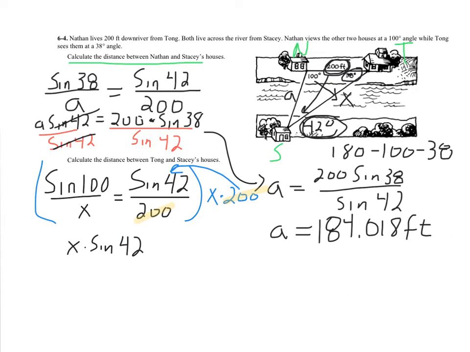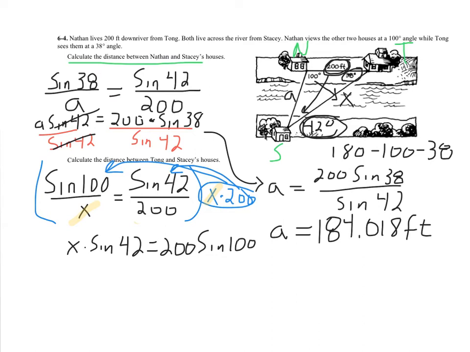And if I do that to the right side, and I erased a few things, so now if I multiply x times 200 to the left side, here my x's will cancel, and I'm left with 200 times the sine of 100. And now I want to solve for x, so I'm going to divide both sides by the sine of 42.